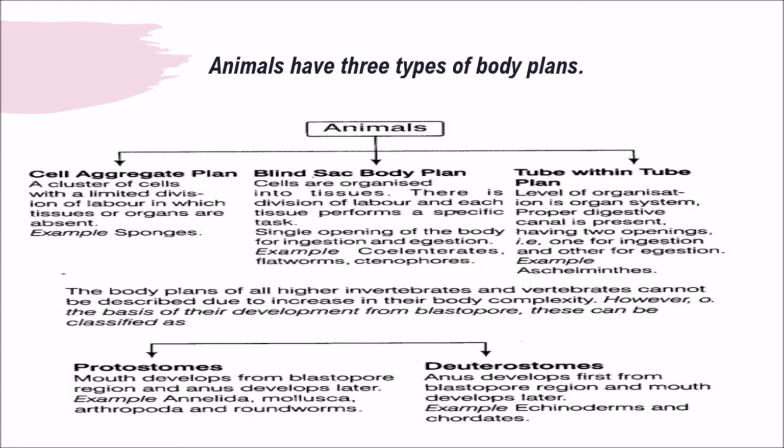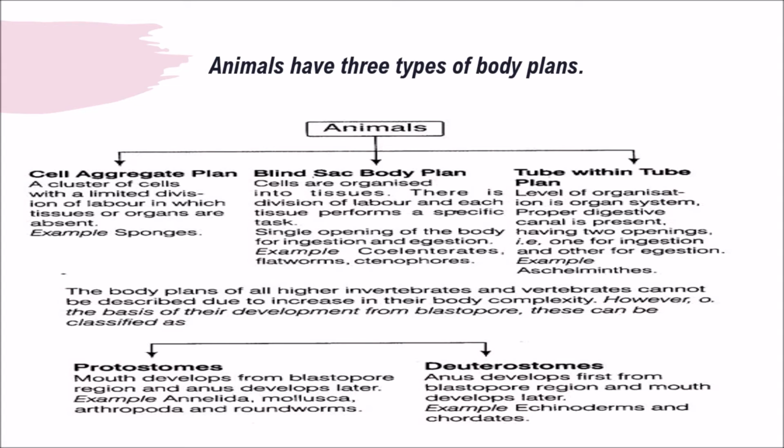The body plans of all higher invertebrates and vertebrates cannot be described in this way due to the increase in their body complexity. Because of the more complex structure of their bodies, we cannot use these body plans, but we can classify them with the help of development from the blastopore.